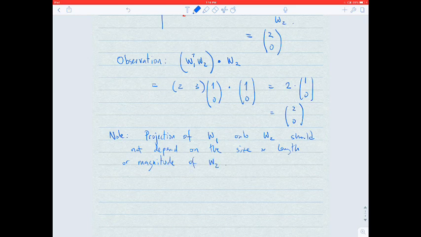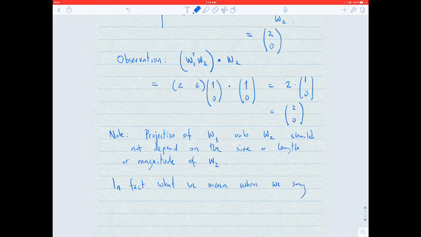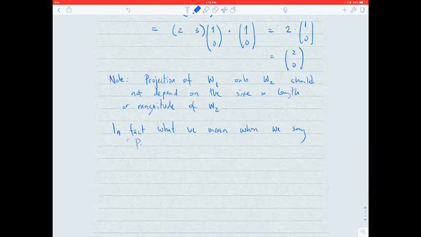So in fact, when we say the projection of vector W1 onto W2, we really mean the projection of W1 onto the direction of W2.